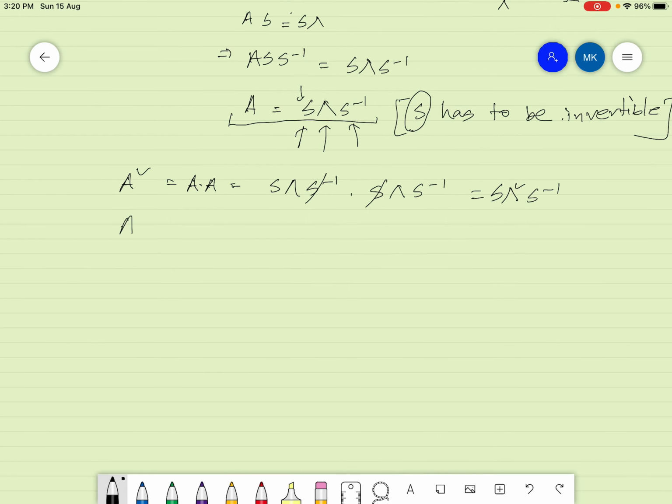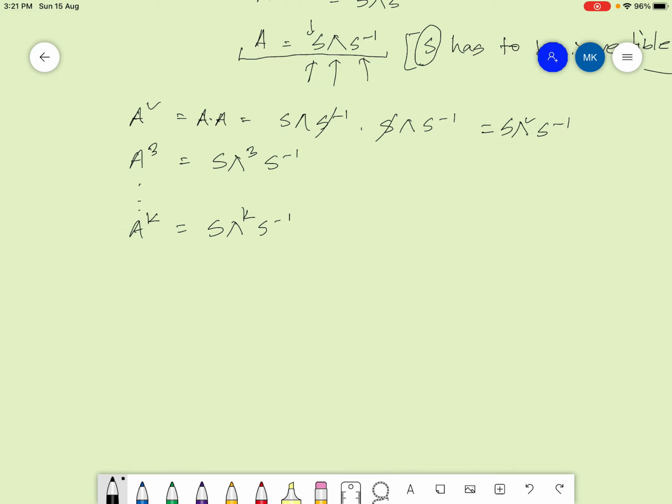So if you have A cube, you will get S lambda cube S inverse. So if you have A to the power k, you will have S lambda to the power k S inverse. So the matrix multiplication, or the power of the matrix, has become really easy to compute.